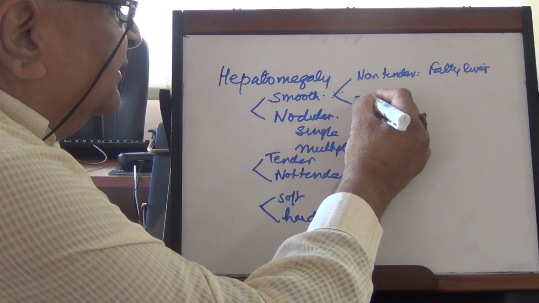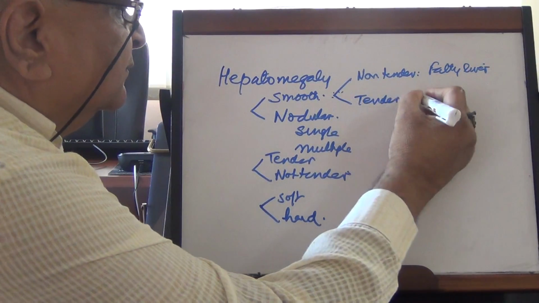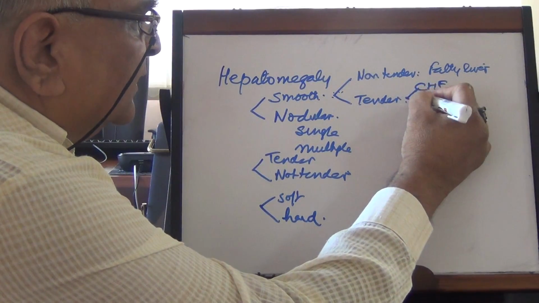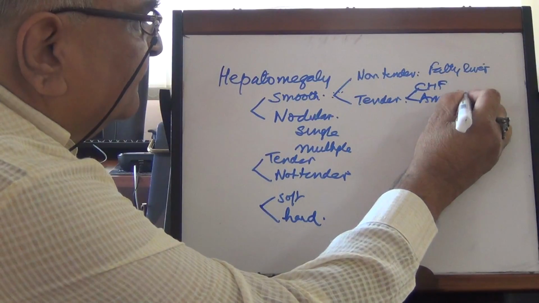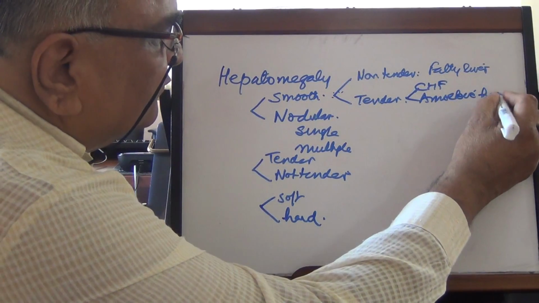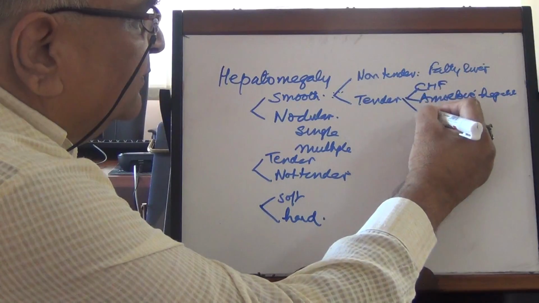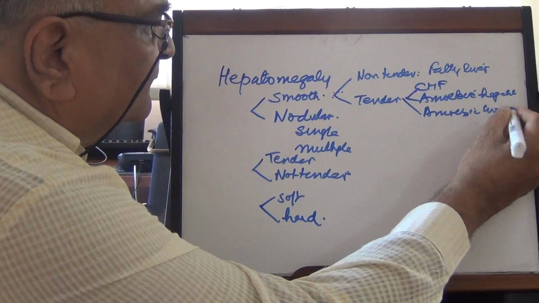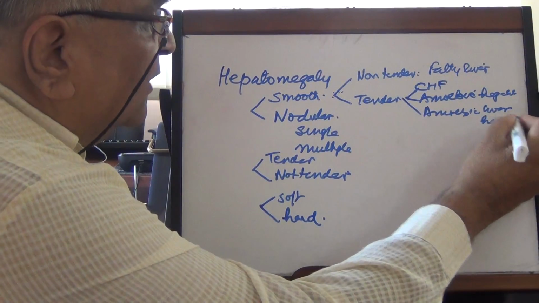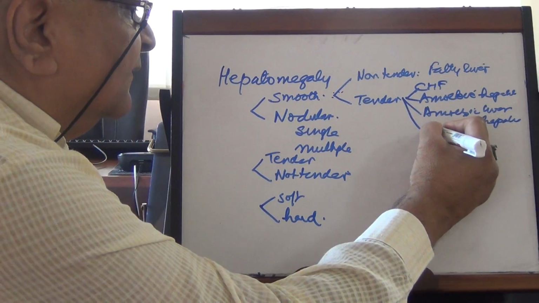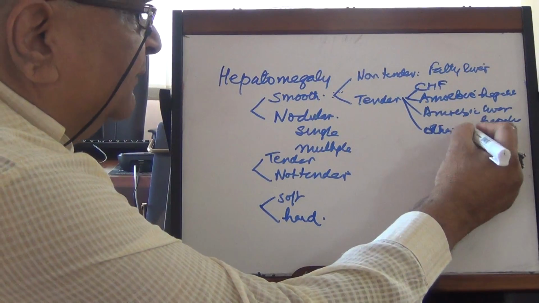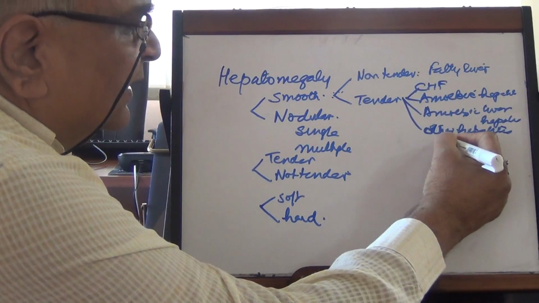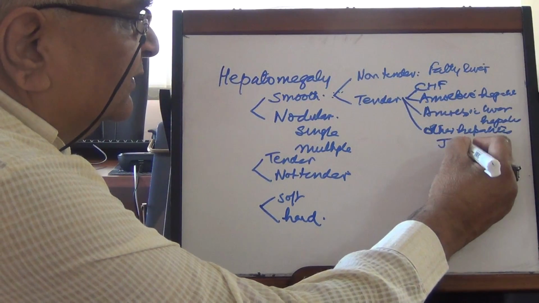A smooth tender hepatomegaly can be in congestive heart failure, can be in amoebic hepatitis, or amoebic liver abscess, and also in other hepatitis. But in other types of hepatitis, which are viral hepatitis, this tender hepatomegaly is usually associated with jaundice.